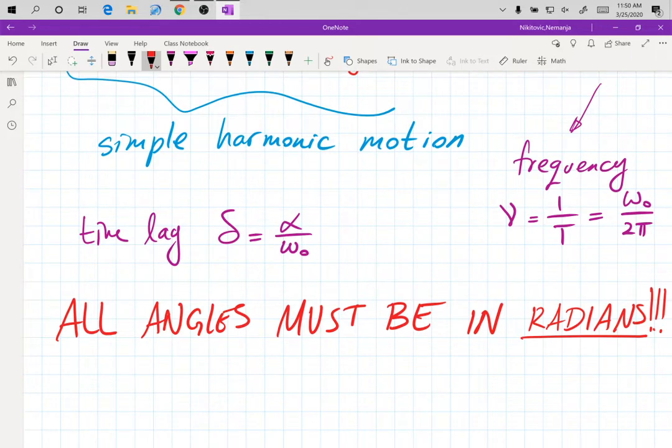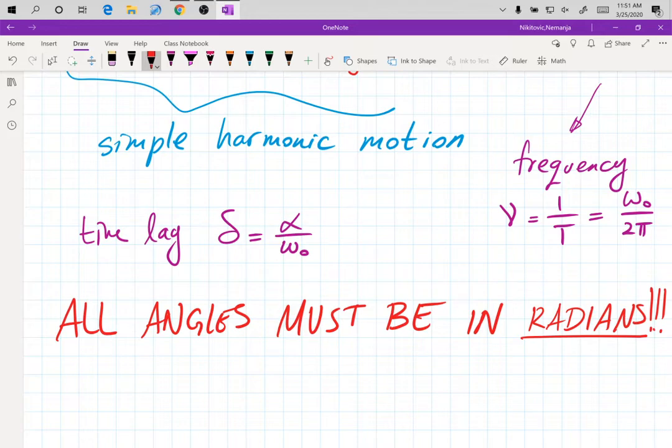Now, you can still write sine of 15 degrees. It's okay. But if you see a theta or omega or alpha in mathematics, the default is radians. So please, not just for this class, for any math class, always radians.